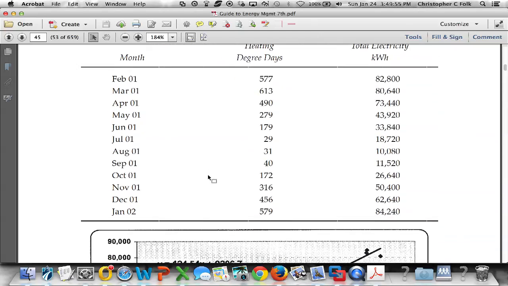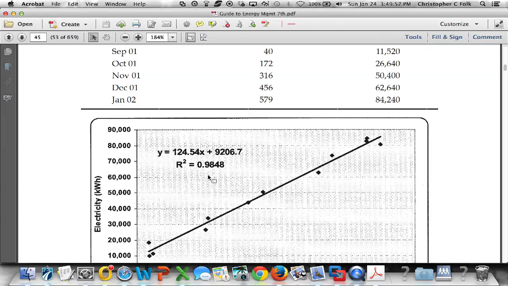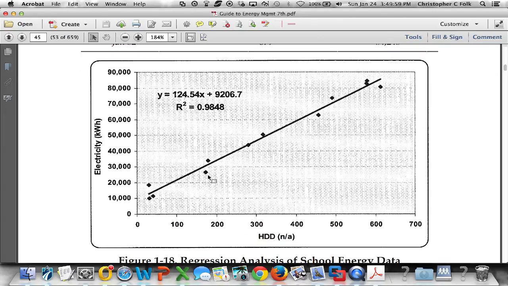Below this, we have a scatter chart which plots the amount of heating degree days in the x-axis and the kilowatt hours on the y-axis. Also known are the slope of the plot, that's this number here, 124.54, and also the intercept. The intercept is this number here.